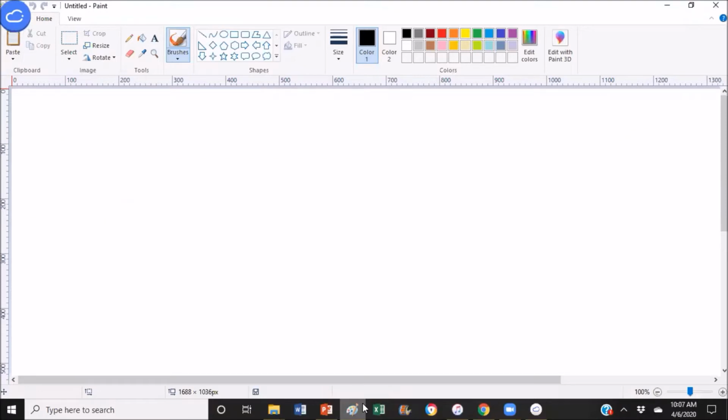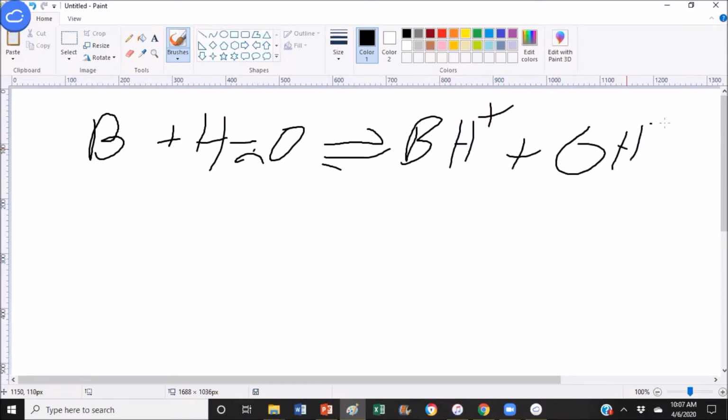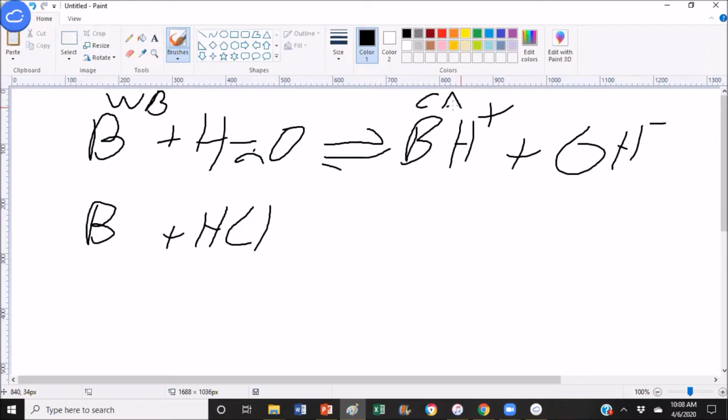With your base, we're starting with a weak base. A base in water would typically do this: it goes reversibly to protonated base, which for methylamine is what it's doing, and OH minus. Now, as we add an acid to this base, this weak base, this is our conjugate weak acid.